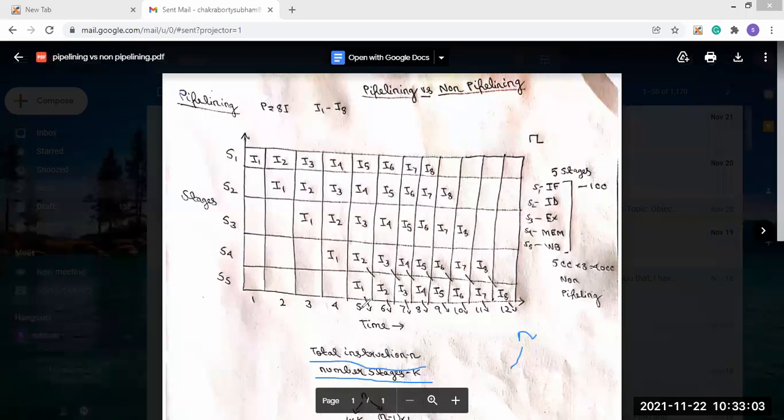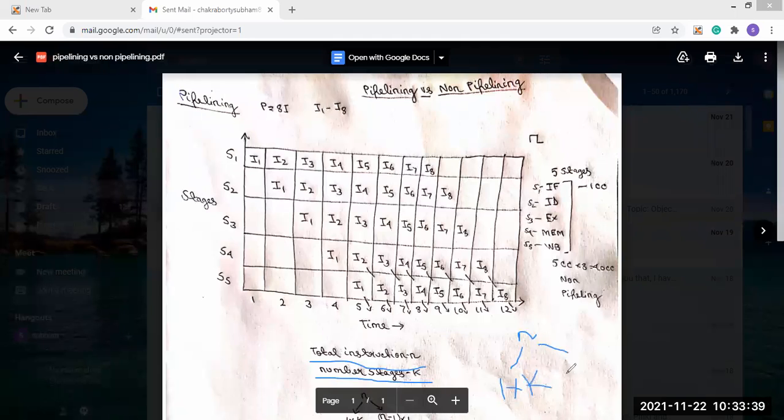For execution of the first instruction, here 5 stages are present, so 5 clock cycles are required. So for the first instruction, the number of stages is k, so it requires k clock cycles.